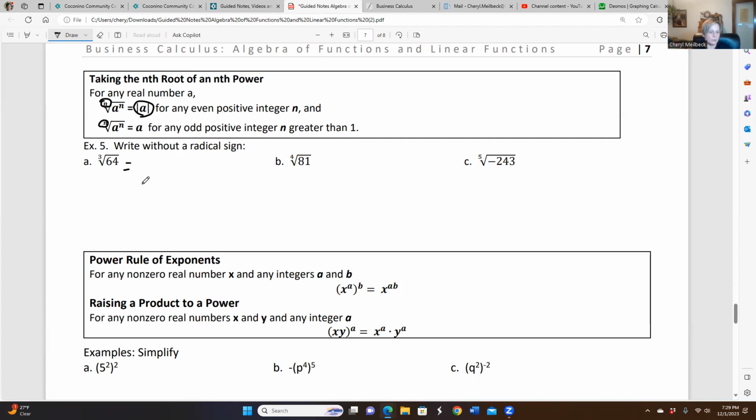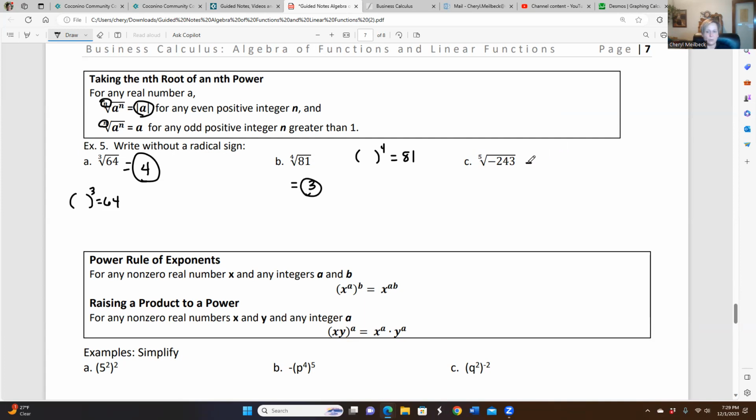All right, let's look at this one. The cube root of 64. In order to answer this, we're trying to think, what number cubed equals 64? And we had it listed up there. Our answer is simply 4. It would have to be positive because 64 is positive. Here, we'd be looking for what number to the 4th equals 81. And that winds up being 3.